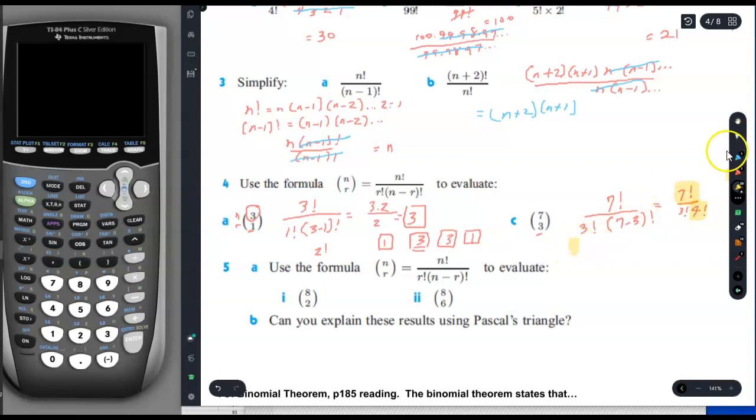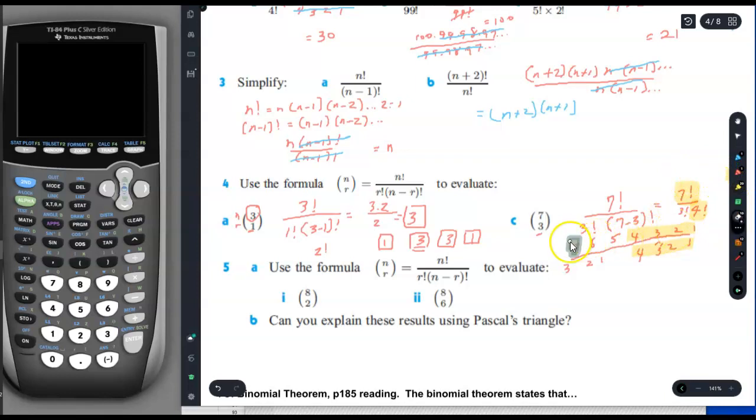I'll show you what that looks like by writing out all the factors. 7, 6, 5, 4, 3, 2, 1. You don't really need to write the 1. 3, 2, 1. And 4, 3, 2, 1. And put dots in between everything, but I'm not going to right now. Look, 4, 3, 2, 1. That cancels out with this 4, 3, 2, 1.